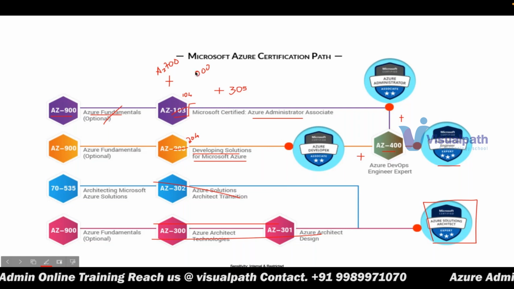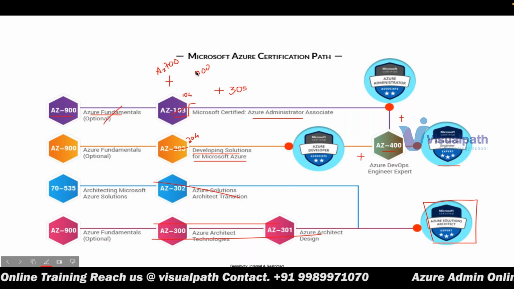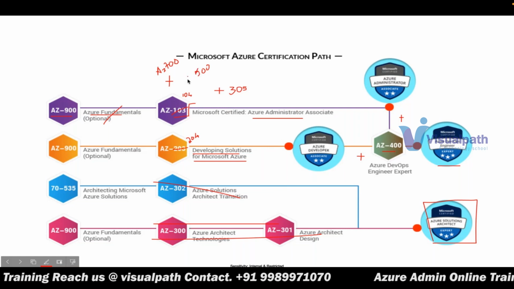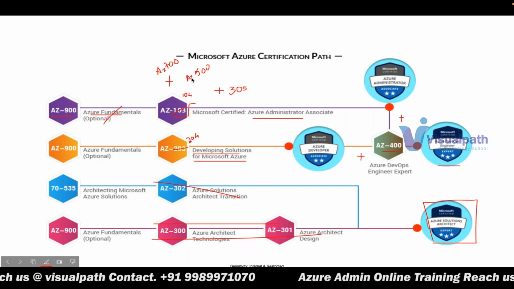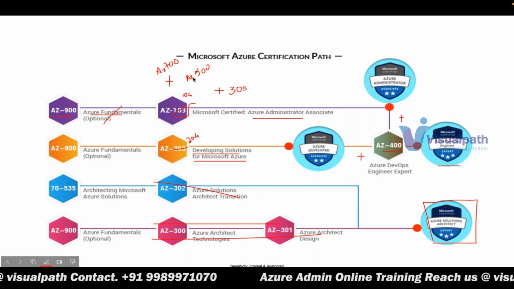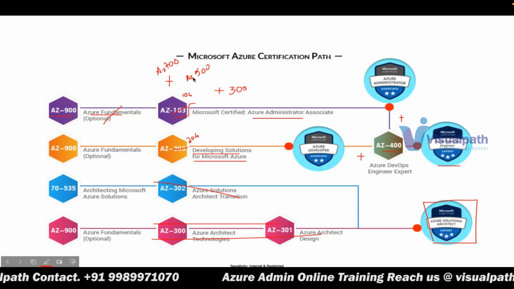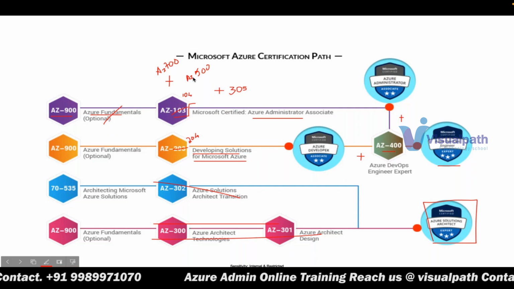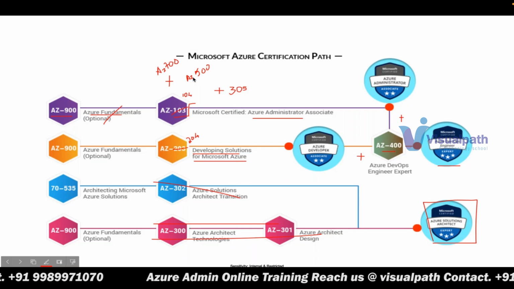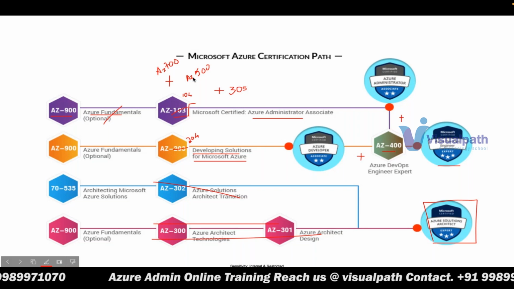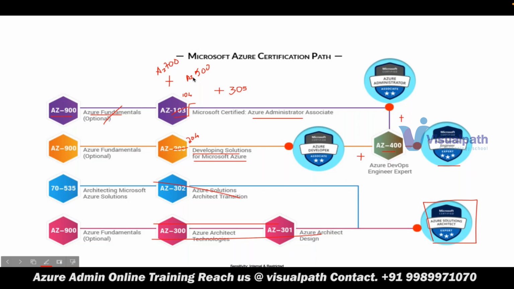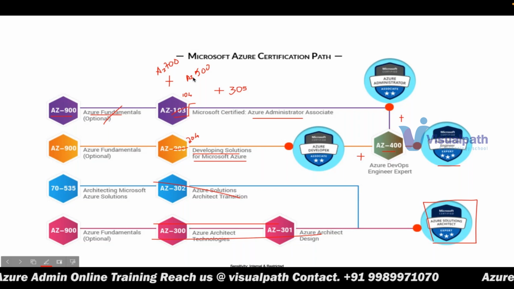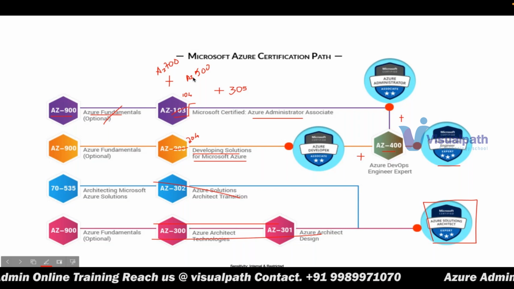So these are the learning tracks available for Microsoft Azure. Any questions, any doubts on this? No. All right. So with this, you understood what the learning tracks are, and after learning admin, what the next available options are.